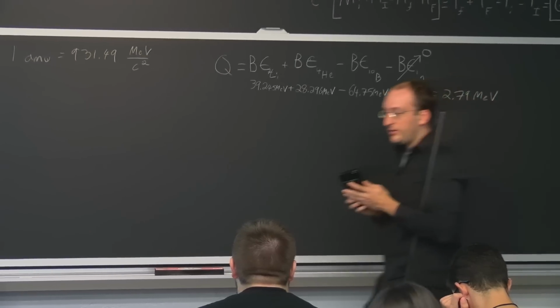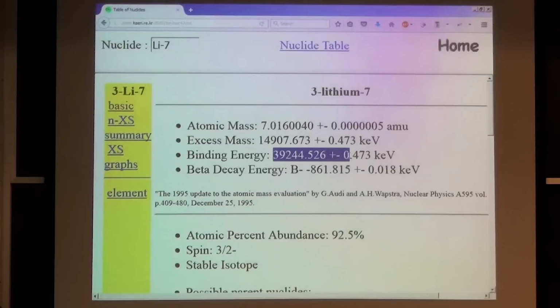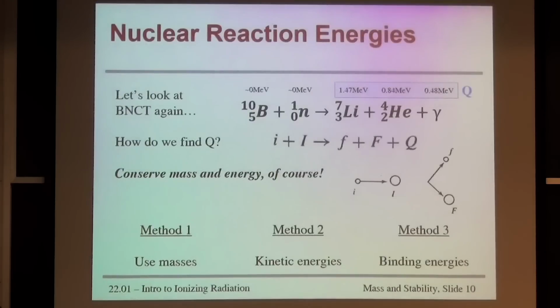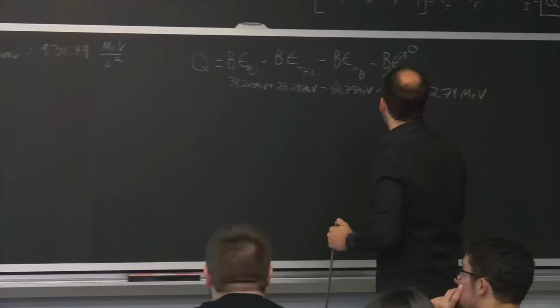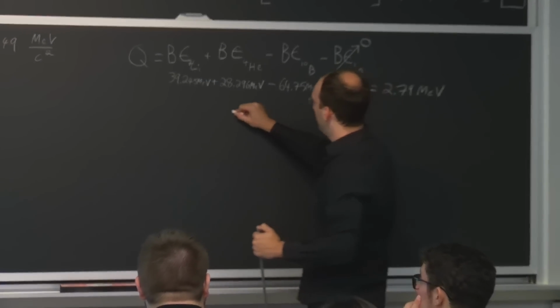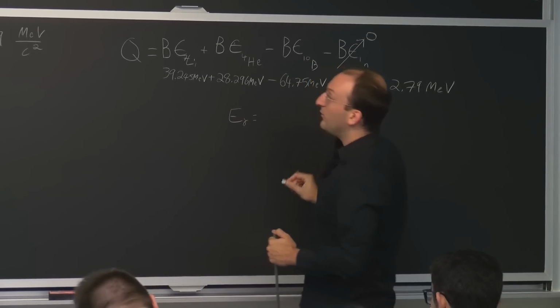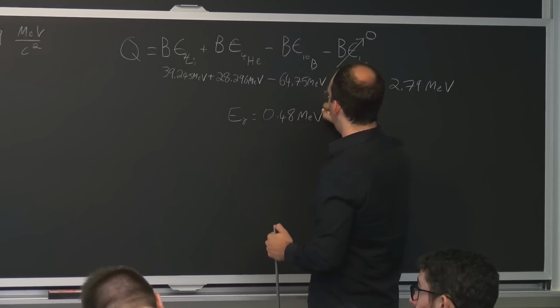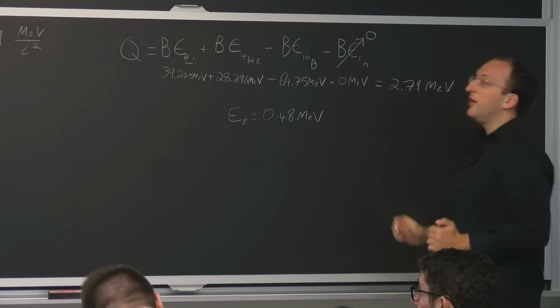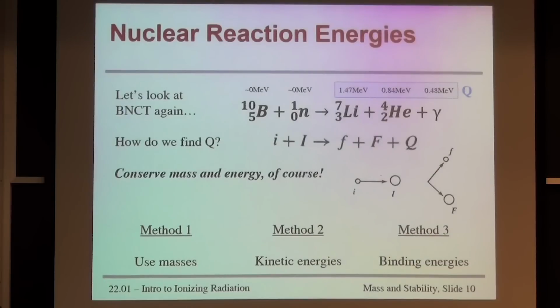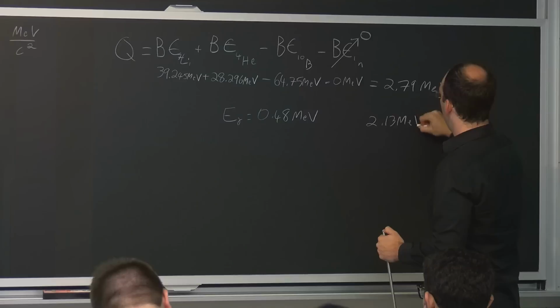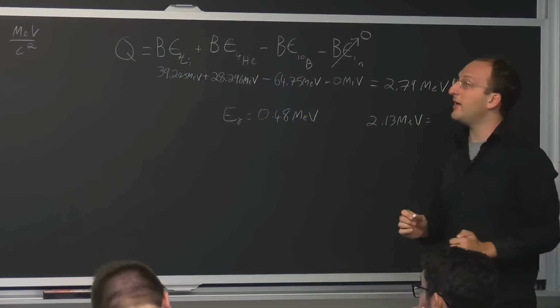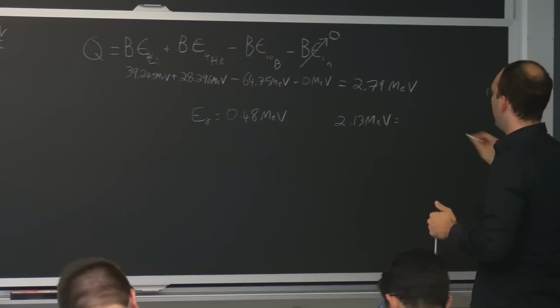So now we know the total Q value of this reaction, and I'll bring the reaction back up here. We also know, which you can find from measurements, that the gamma ray comes off with an energy of 0.48 MeV, leaving 2.13 MeV for the sum of the kinetic energies of the lithium and the helium nucleus.